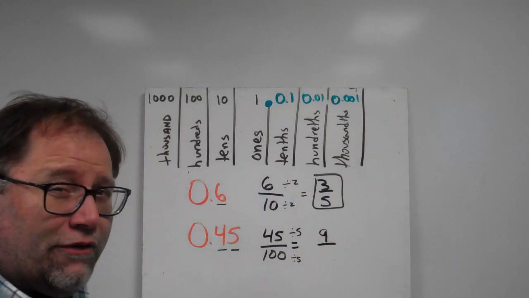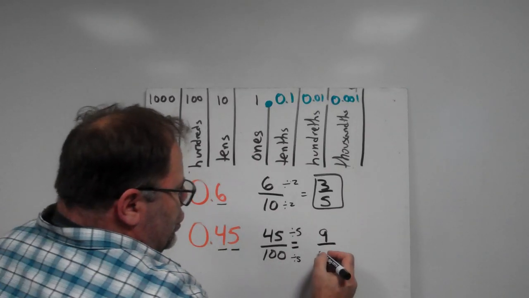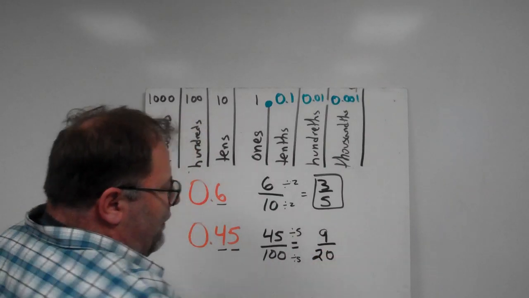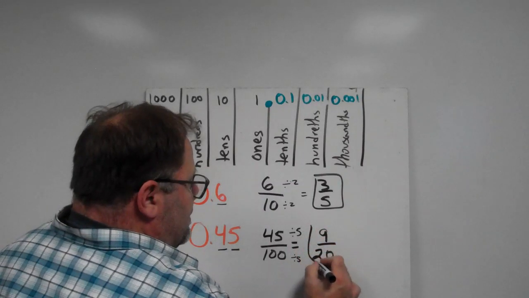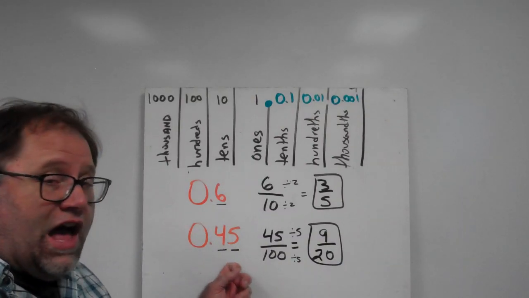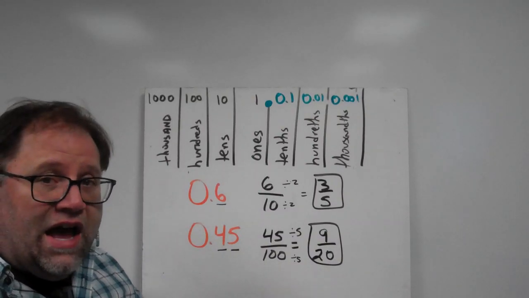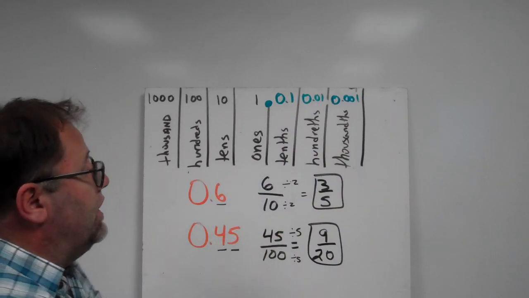And 10 divided by 5 is 2, so 100 divided by 5 should be 20. Now, those don't have a common factor, so the fractional equivalent of 0.45, or 45 hundredths, is 9/20.